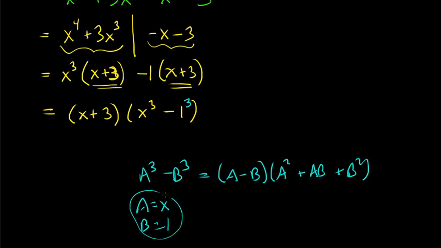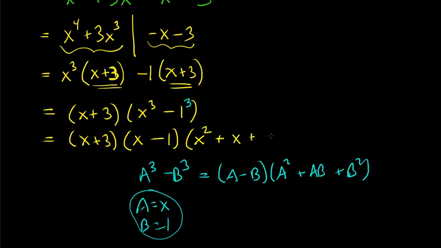And just replace a with x and b with 1. That should not be too hard here. So a minus b is just x minus 1. And then a squared is x squared, plus a times b is x times 1, plus b squared. Well, 1 squared is 1 times 1, which is still 1.